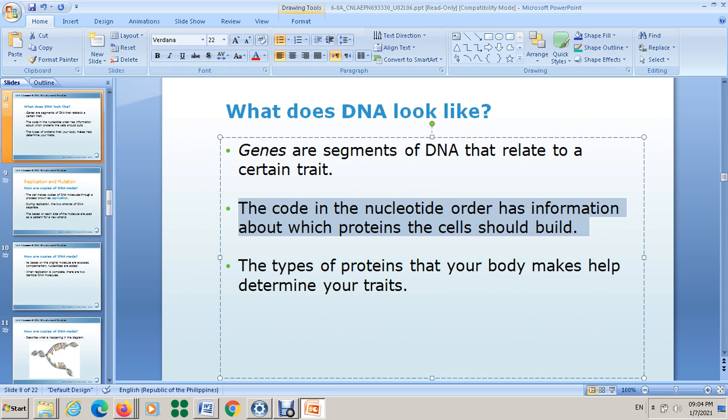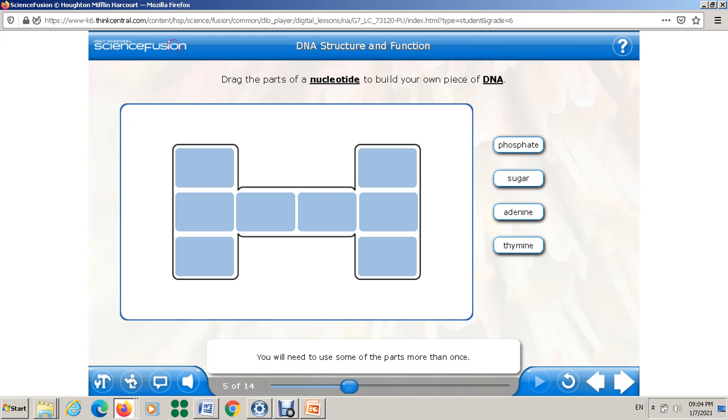Let's look at this one here. Let's build our nucleotide: drag parts of a nucleotide to build your own piece. The first thing you have to know: this is the phosphate, for example, and you have the sugar here, and the sugar is connected here with what? With the nitrogen base.